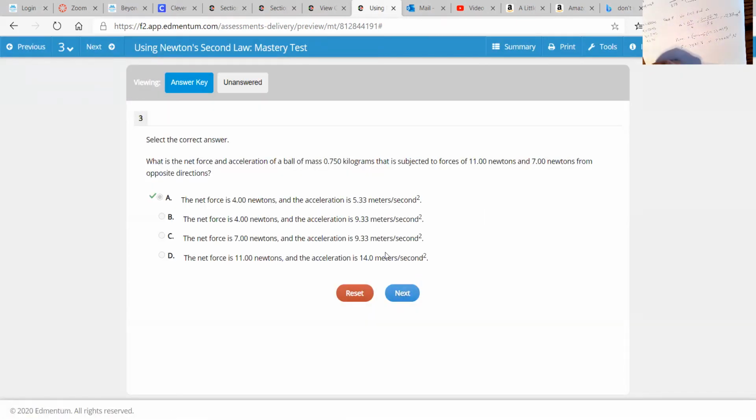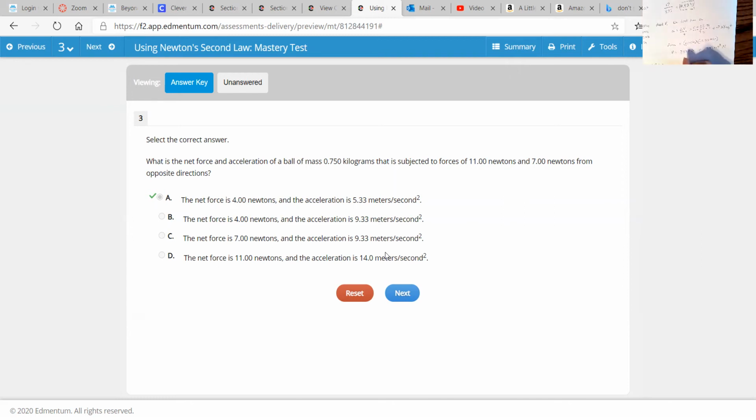Cool. Number 3. What is the net force and acceleration of a ball of mass 0.75 kilograms? So we need F and A. We're given M, 0.750 kilograms. And that ball is subjected to forces of 11 newtons and 7 newtons from opposite directions.